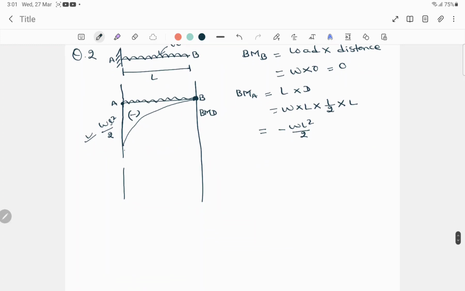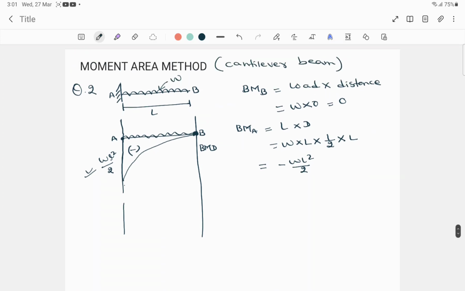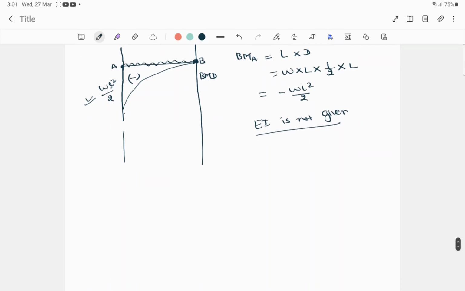Now the next step is to find the M by EI diagram. Suppose in this question EI is not given, then we keep the value of EI as EI only. If values are given in the question, then we have to put the value for EI wherever it's required.